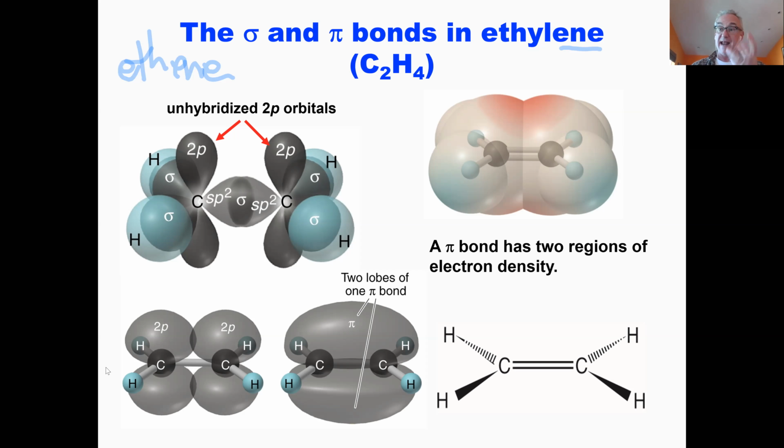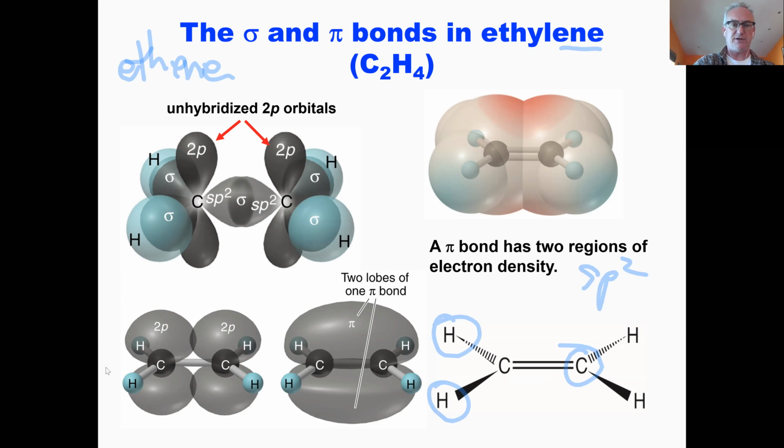And so now there are 3 regions of electron density. 1, 2, 3. Each carbon is bonded to 3 atoms this time, not 4. And so now we have sp2 hybridization, because there's 3 regions of electron density.